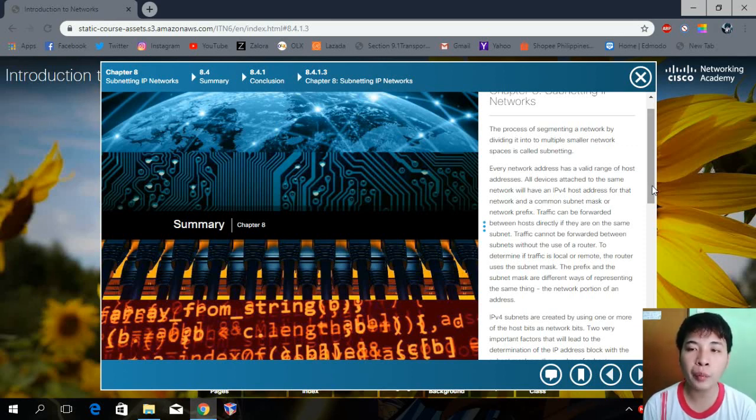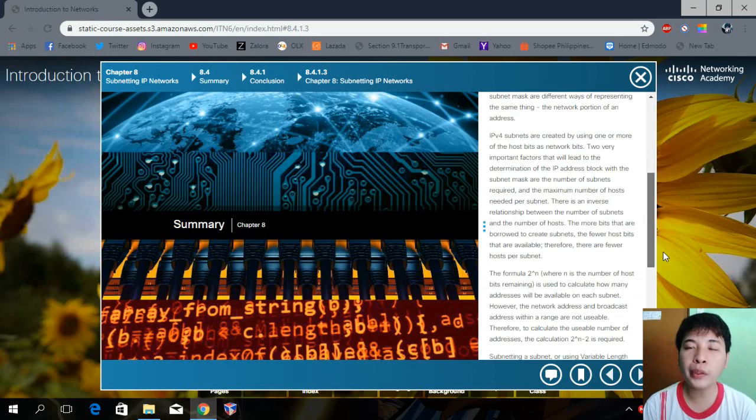Traffic can be forwarded between hosts directly if they are on the same subnet. Traffic cannot be forwarded between subnets without the use of a router. To determine if traffic is local or remote, the router uses the subnet mask. The prefix and the subnet mask are different ways of representing the same thing, the network portion of an address.